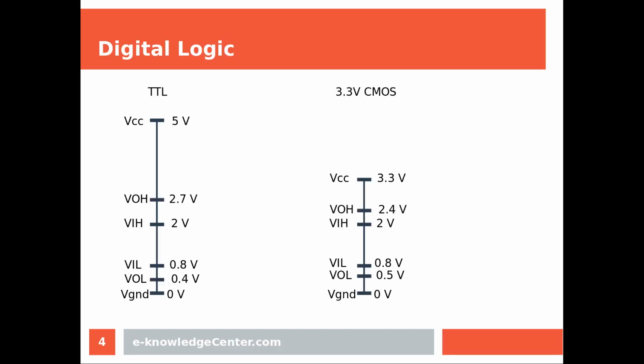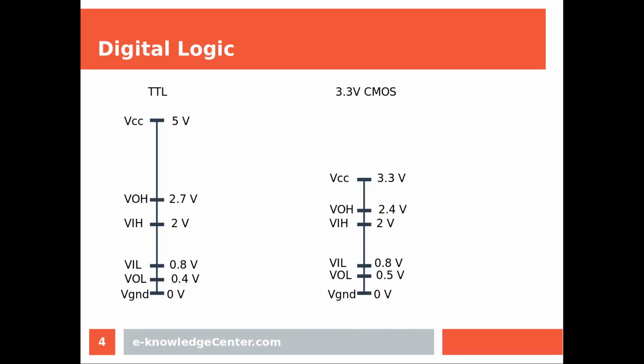Next voltage level is VOH. VOH is the minimum output voltage level that a device will provide for the high level of signal. In TTL we have 2.7 volts, and in 3.3 volt CMOS we have 2.4 volts. Next voltage level is VIH, the minimum input voltage level to be considered as a high level.